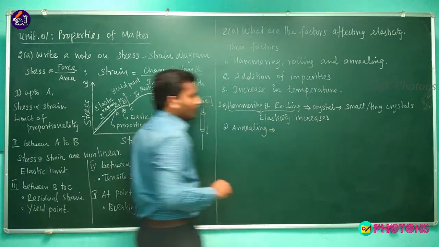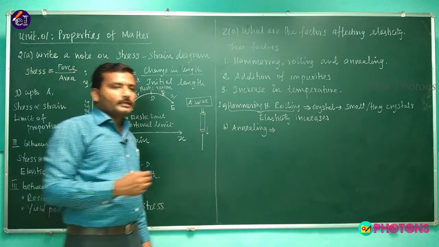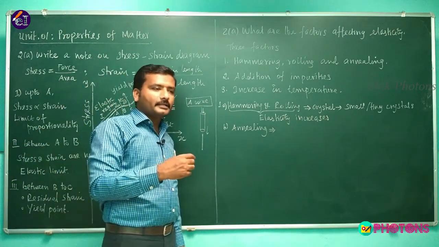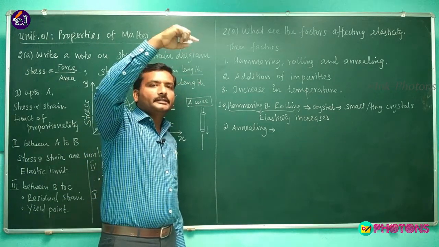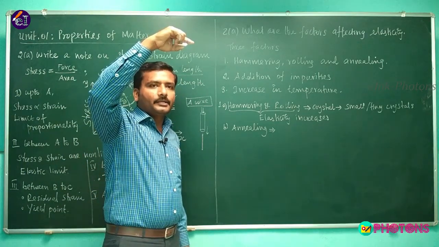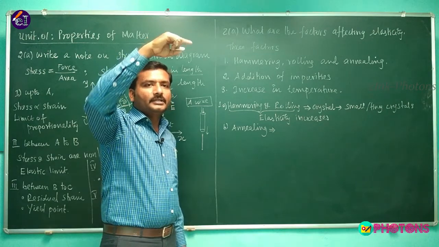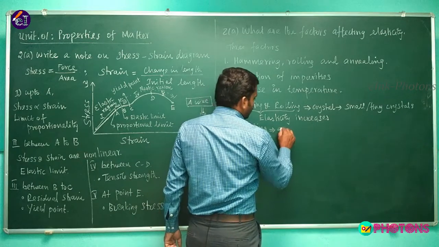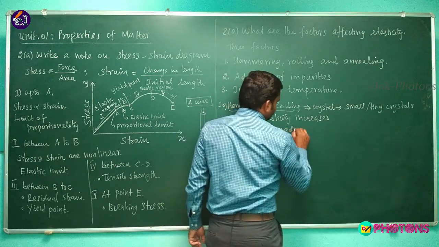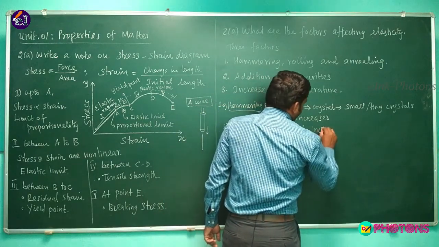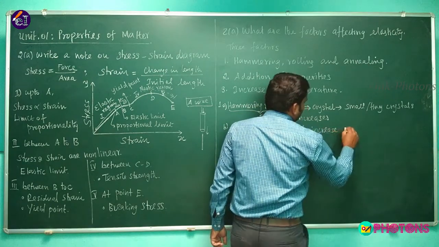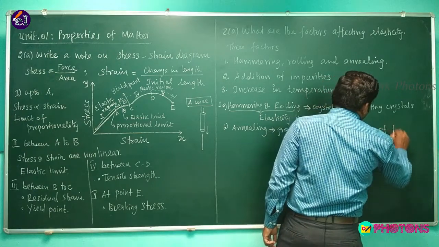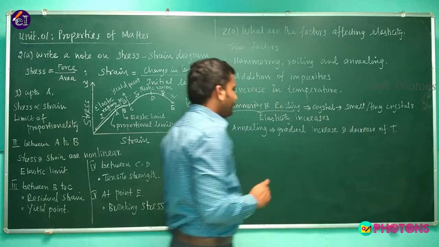And 1B, what happens during annealing? First, what do you mean by annealing? Annealing is the process where the material will be gradually heated to obtain a particular temperature. After that, it will be gradually cooled. So that gradual increase and decrease of temperature, that is annealing.